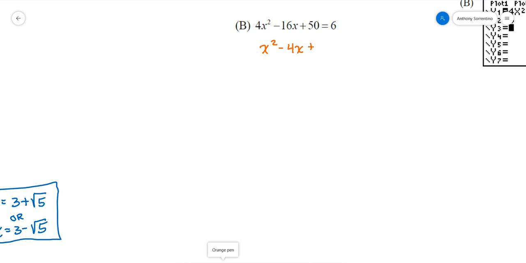50 divided by 4 is 12.5. And 6 divided by 4 is going to be 1.5. When you start having decimals or possible fractions in here, that's another thing that causes some confusion and calculation errors.